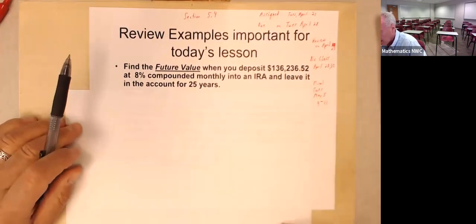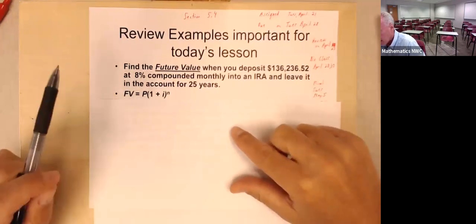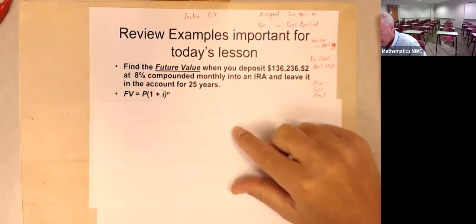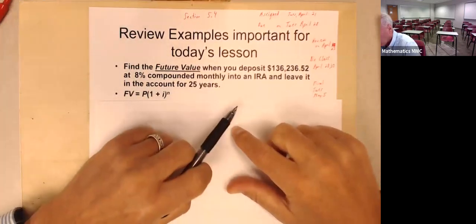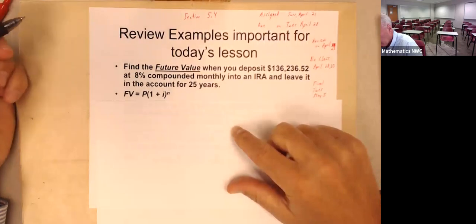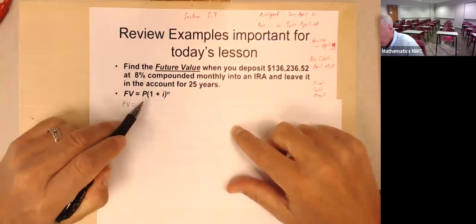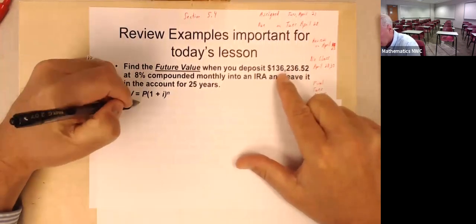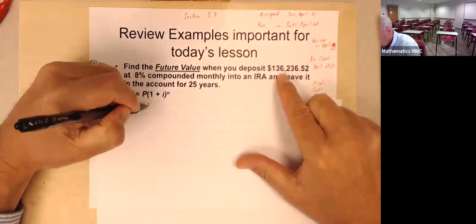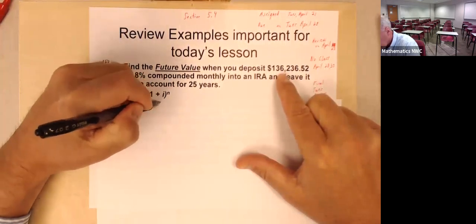The formula that we need for this one is a future value compound interest formula. If you recall that procedure, we're looking for the future value, so that's going to be our unknown. The principal that we're putting in here is $136,236.52.